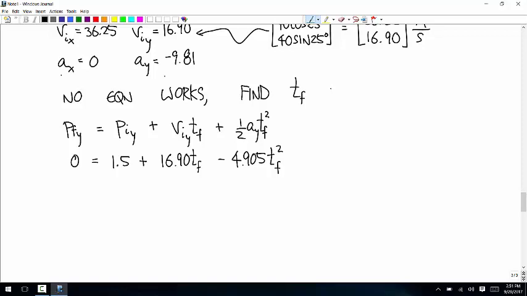How can we solve that equation? Quadratic formula. Anybody have that in a program in your calculator? Can someone calculate this for me? So quadratic formula, this is A, this is B, and this is C. And it gives 2 roots for time final.